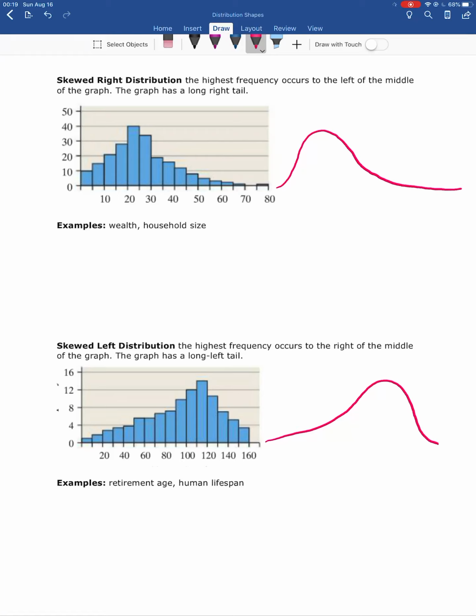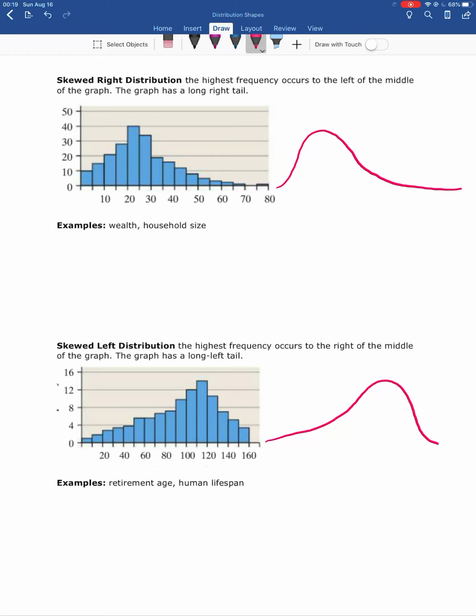Most people retire in their 60s or 70s, but you have a few people that retire early. Another one is human lifespan. Most people live to between their 60s, 70s, 80s. They're grouped in those higher ages. But then, as we all know, there are those that die young, but there are much fewer of those that are dying young than those that are dying older.